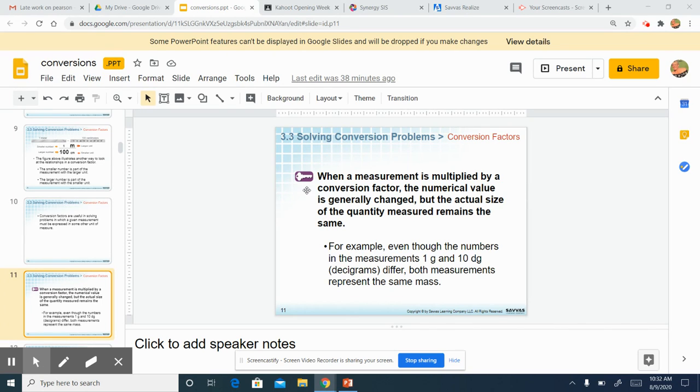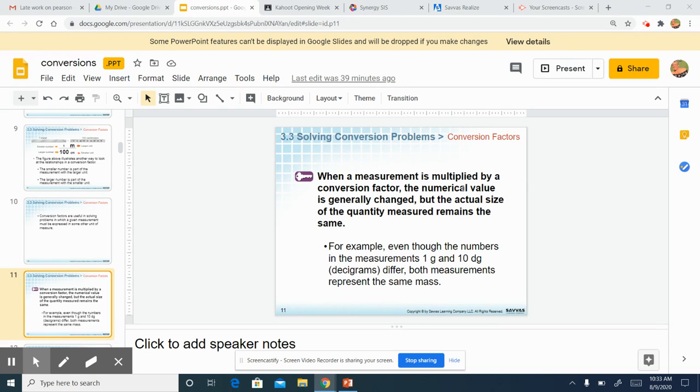Okay, second key concept, when a measurement is multiplied by a conversion factor, the numerical value, this is important because this is kind of hard to wrap your mind around, the numerical value is changed, but the actual size of the quantity remains the same.